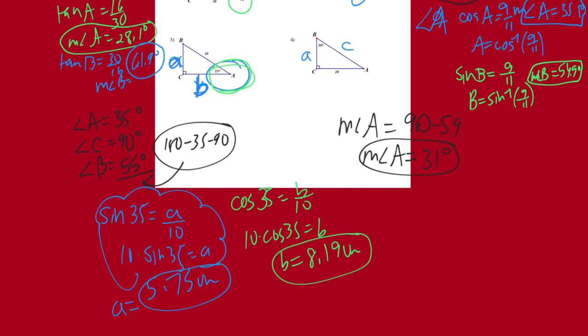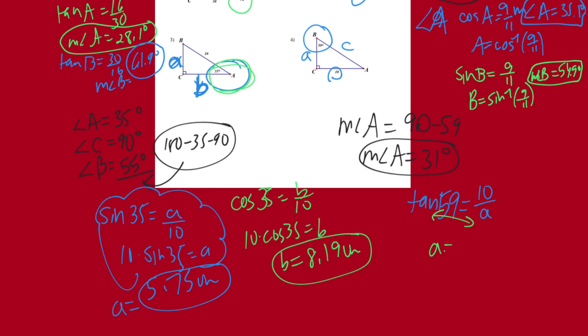To find the measure of side A, we go to the acute angle we know. From angle B's perspective, we can do cosine. No, we can't do cosine. We're going to do tangent. So tangent from B's perspective, which is 59 degrees, is equal to the opposite leg over the adjacent, which is A. To solve that equation, we're going to interchange these two values.